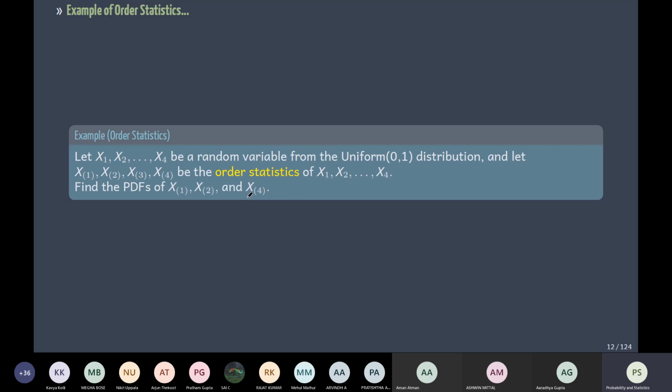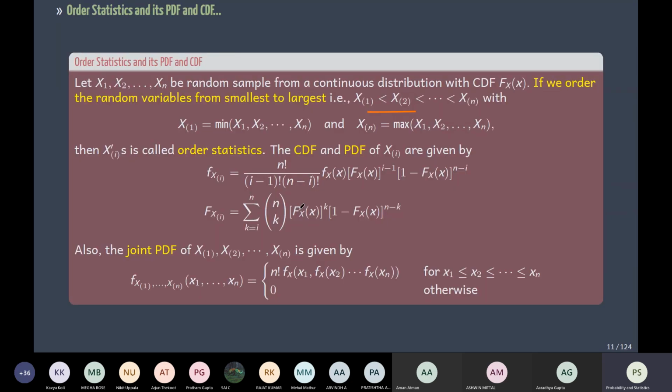Then find the PDF of x(1), x(2), x(4), and so on. Now this is trivial, because we have the formulas from here, so I can immediately use that to write the order statistics.